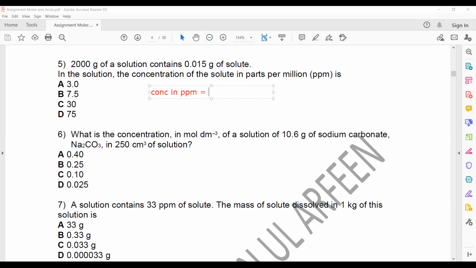It is equal to amount of solute divided by amount of solvent or amount of mixture.